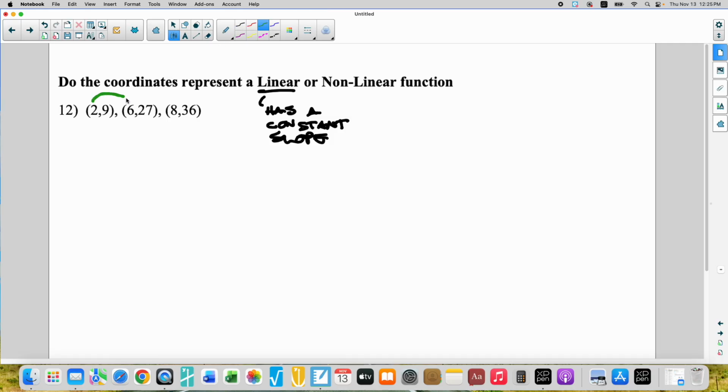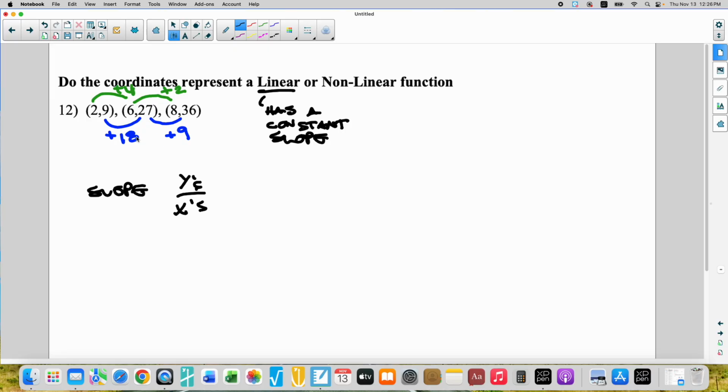So between this, that's +4. Between this, that is +2. And then between these two, between my y's, that's +18, and between these two, that's going to be +9. So we're going to take my slope, which is my y's over my x's.